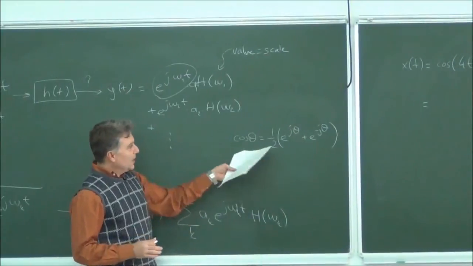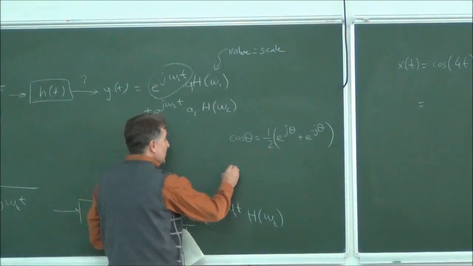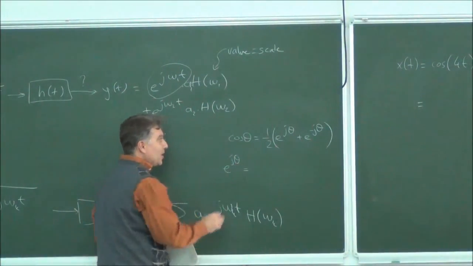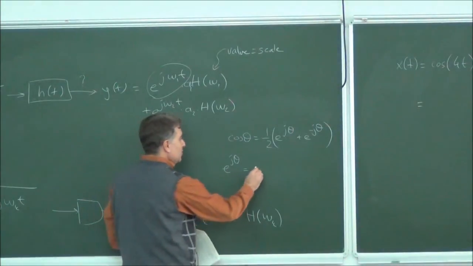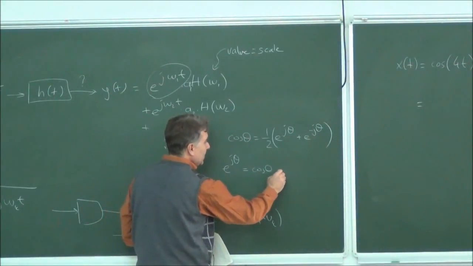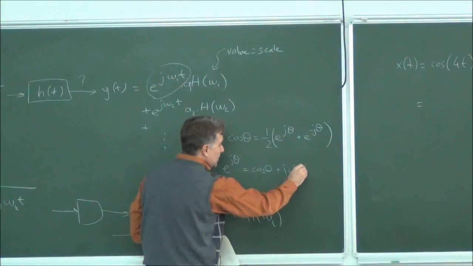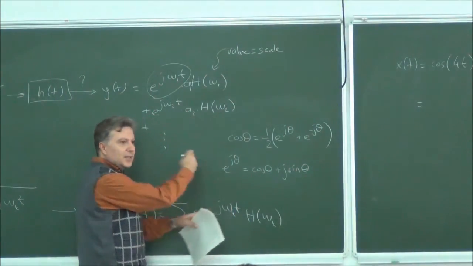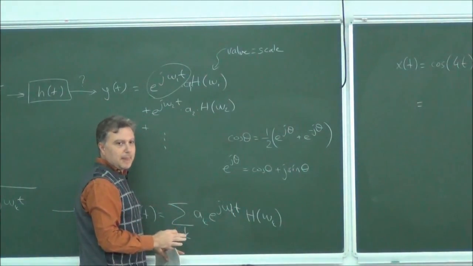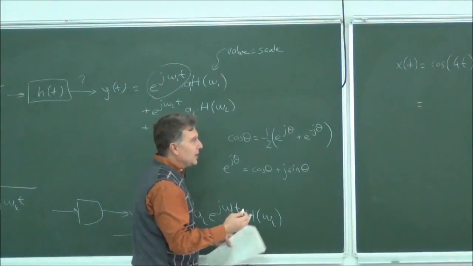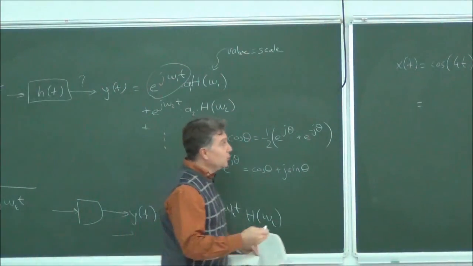So you will know these things. And of course, what is e to the j theta in terms of cosines and sines is another issue. It's equal to cosine theta plus j sine theta. So there is an inversion formula for that as well. And you have to know them, or at least you have to try to learn and use them.